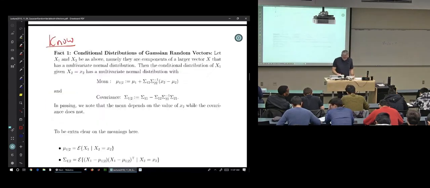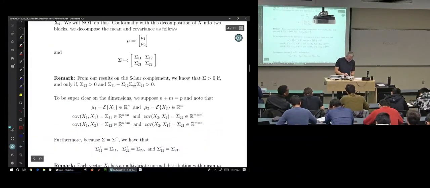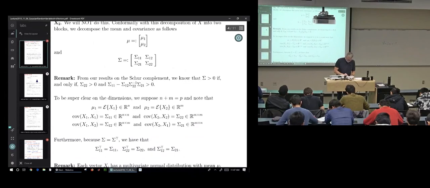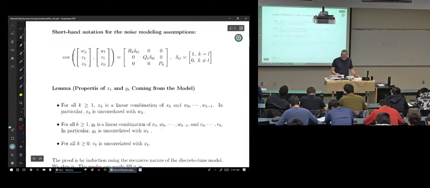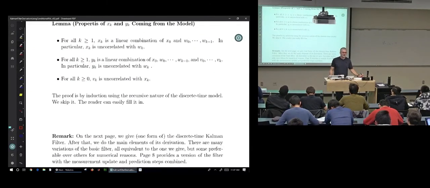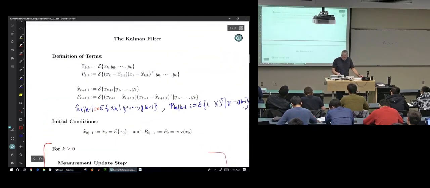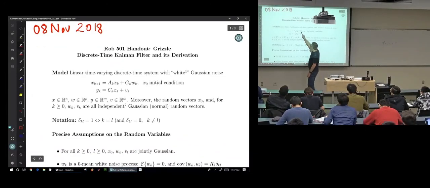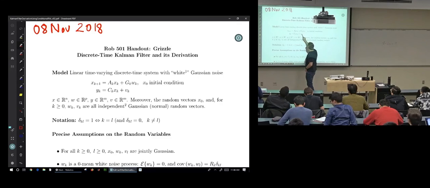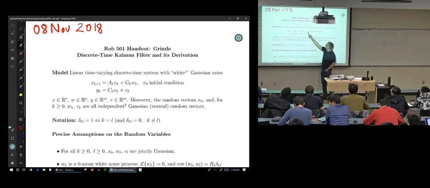That's like the next step. They're all connected. So RLS is recursive weighted least squares. That's all it is. There's no randomness at all, this is zero, this is zero, and A_k is the identity. x_0 is unknown, but we have no distribution for it.